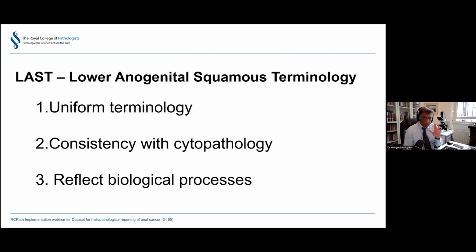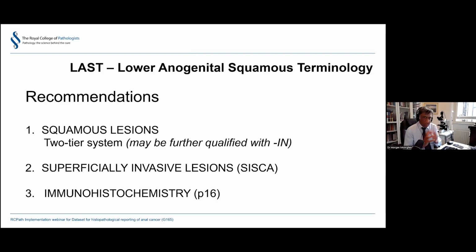Now, to summarize the LAST document, I'll just give you the final recommendations in the last page of the document, in which they said there would be a 2-tier system, which we've qualified further with the letters IN at the end in brackets. And then they talk about this concept of superficially invasive lesions. And they also made a few statements about the use of immunohistochemistry in relation to diagnosing HSIL and LSIL.